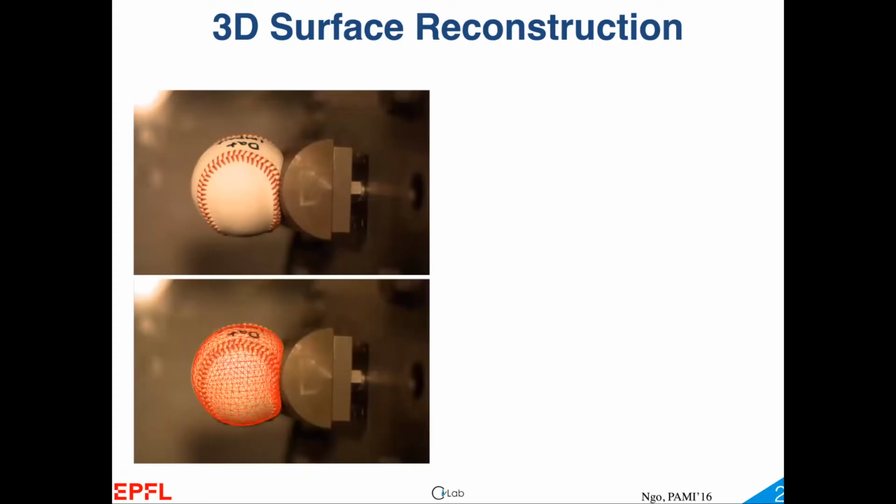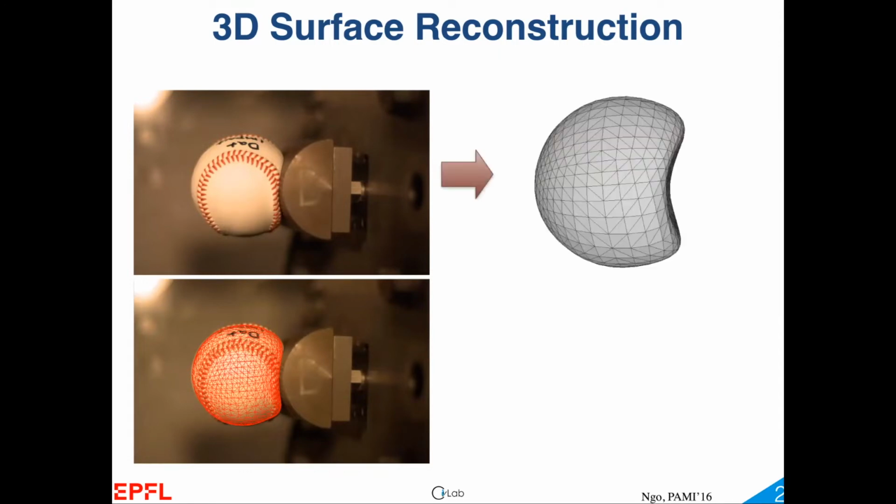What we do is we have a model of the baseball before it hits, just a sphere. We deform that sphere so that it projects at the right place in the image. That's the red mesh that you see on the lower left. And from this, we can infer the 3D shape, get back the third dimension that was lost when you acquire the image.